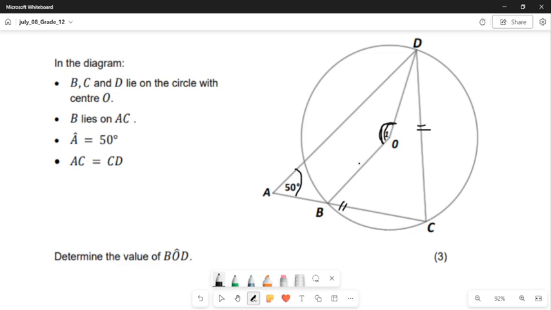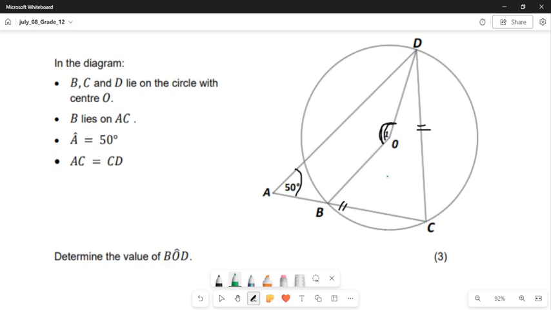So we have one of the rules in circle geometry that says the angle at the center is twice the angle that it subtends at the circumference. So let us observe this chord BD from here to here. This chord BD subtends this angle at the center, and again it subtends this angle at the circumference.